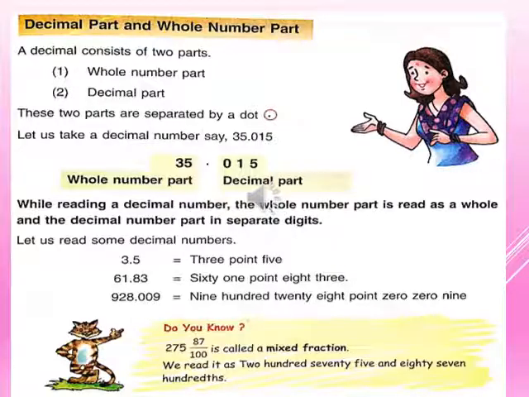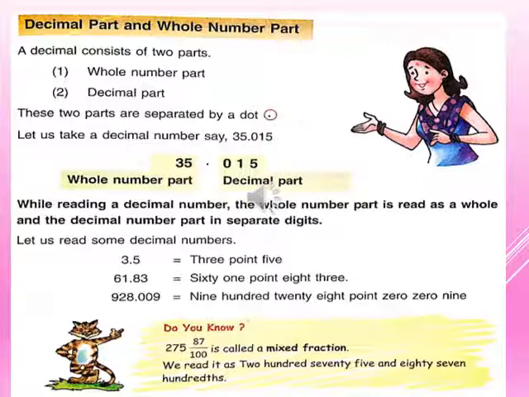See here, decimal part and whole number part. A decimal consists of two parts. One is the whole number part and the second is the decimal part. These two parts are separated by a dot.